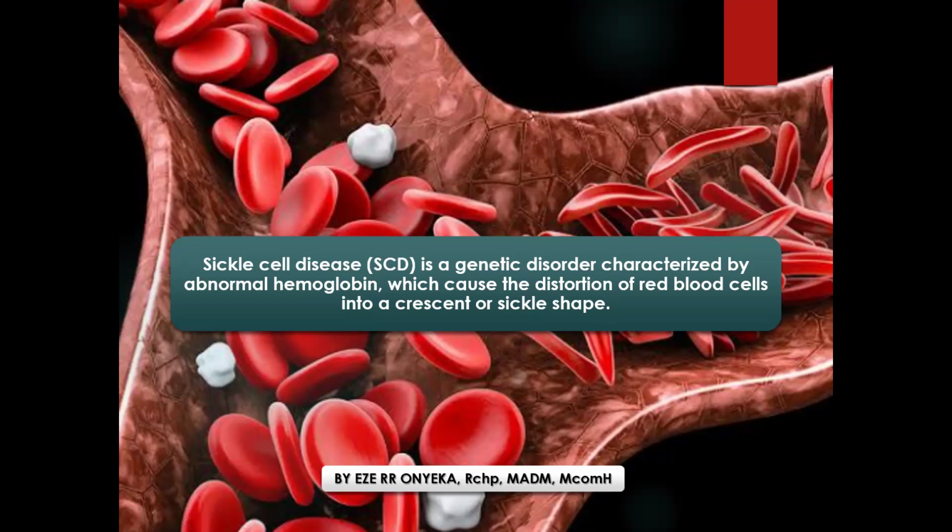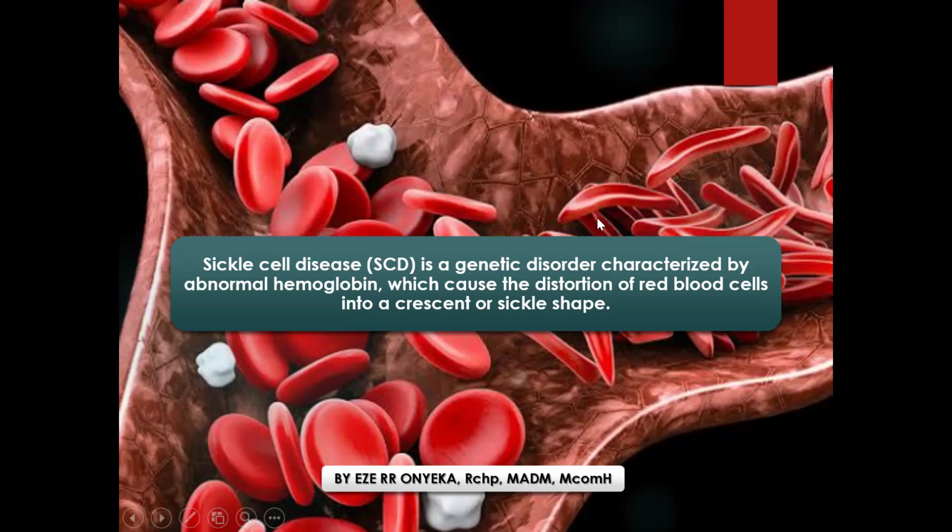That is why sickle cell patients present with serious pain, and they present with jaundice. Now, how did jaundice come about? Because these are abnormal, the body will see them as abnormal cells and trigger a reaction that will destroy them.